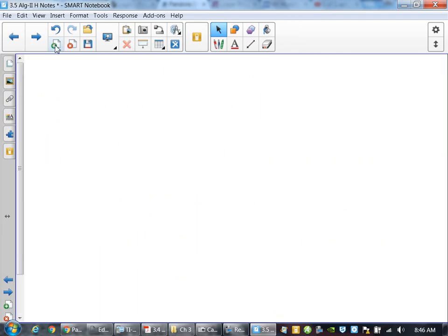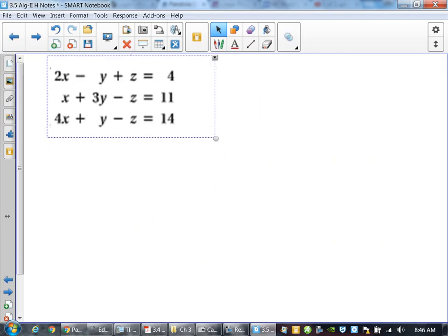When you are working with 3 variable systems, you want to look at one of the equations and use it as a pivot to eliminate just one variable in the other 2. That's when I start looking for opposite signs and things like that.